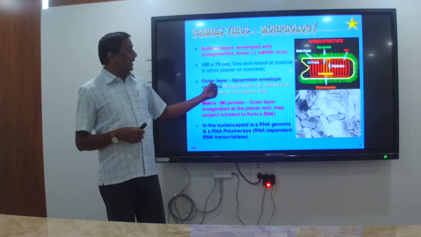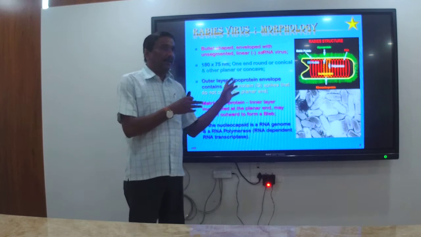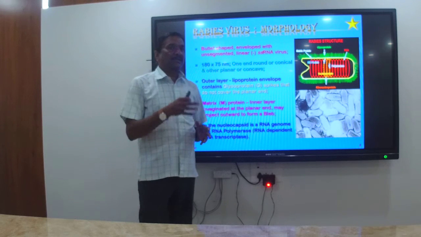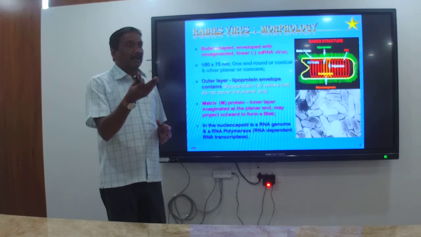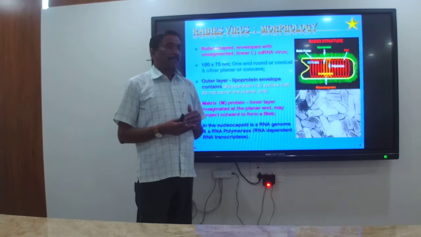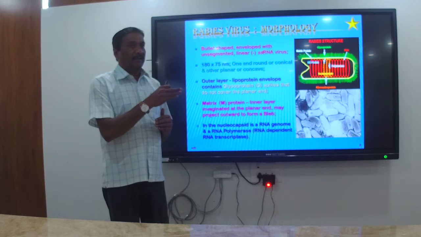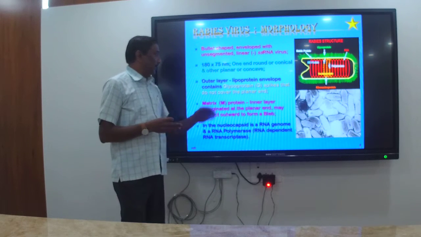Now the outer layer, which is a lipoprotein layer, consists of lipid and protein. The outermost layer is the lipid layer, which is derived from the host cell membrane, where the virus is multiplied inside the host cell. Whereas the inner proteinaceous layer is coded by the virus. The viral genome has the genes to code for this protein.